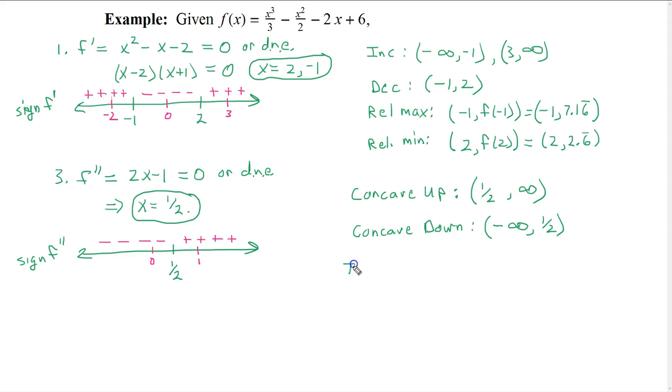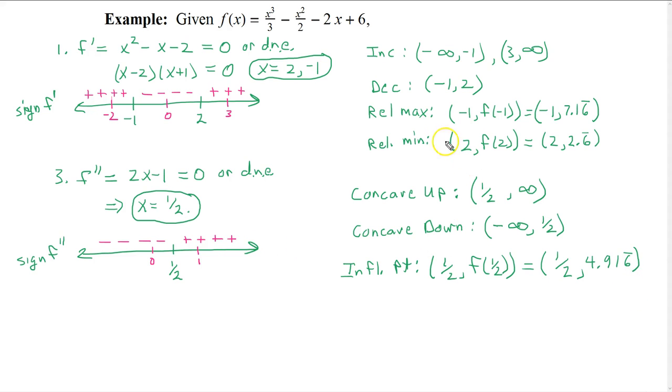So the inflection point for this function is occurring at 1/2, f of 1/2, and if we evaluate 1/2, put that back into the original function, we get back 59 divided by 12, or 4.916 repeating like that.